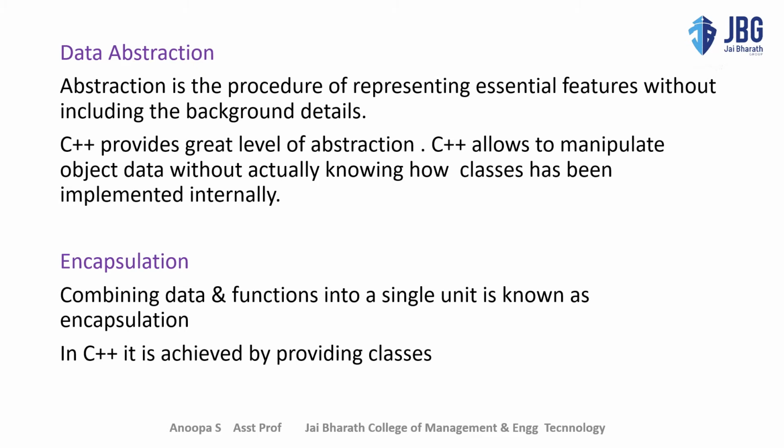You just put on the switch and the light will come. Similarly, abstraction is a procedure of representing only the essential features without including the background details. And C++ provides a great level of abstraction and it allows us to manipulate object data without actually knowing how classes have been implemented internally.